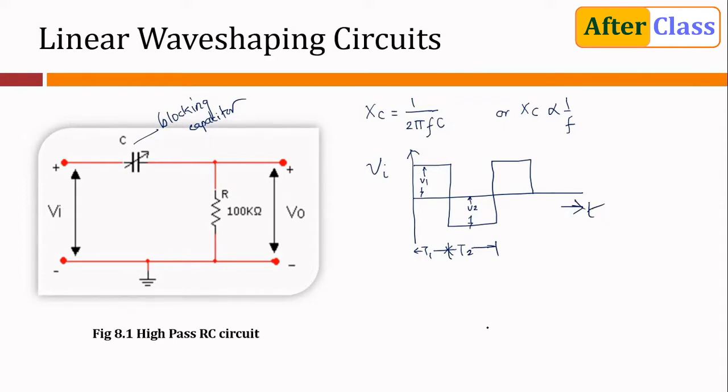Now if we apply a number of pulses, which are alternately positive and negative, it is referred to as a square wave input. So it consists of positive and negative unit step functions having their discontinuity at certain intervals. Fine. This is referred to as the point of discontinuity.